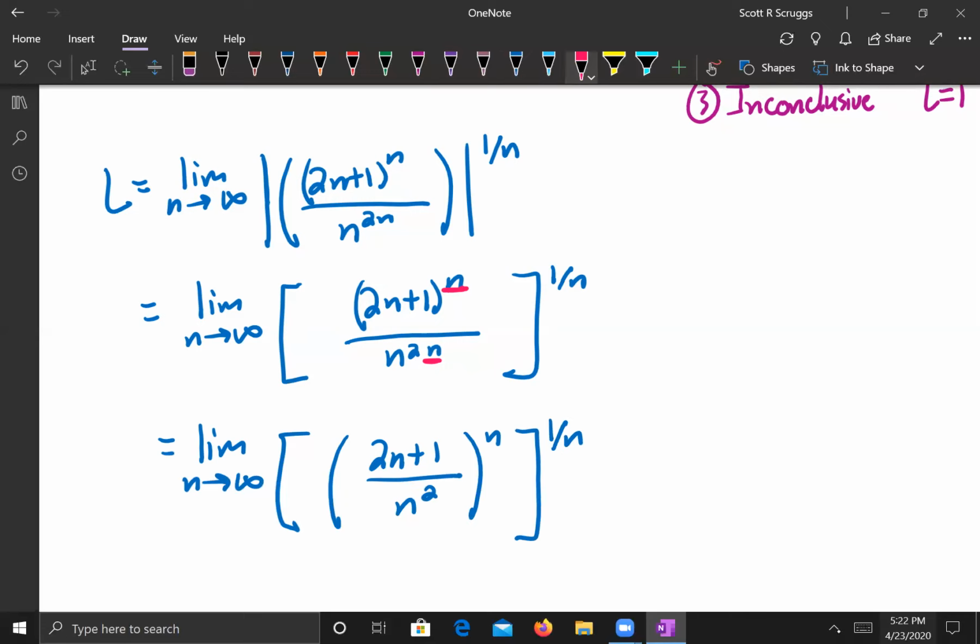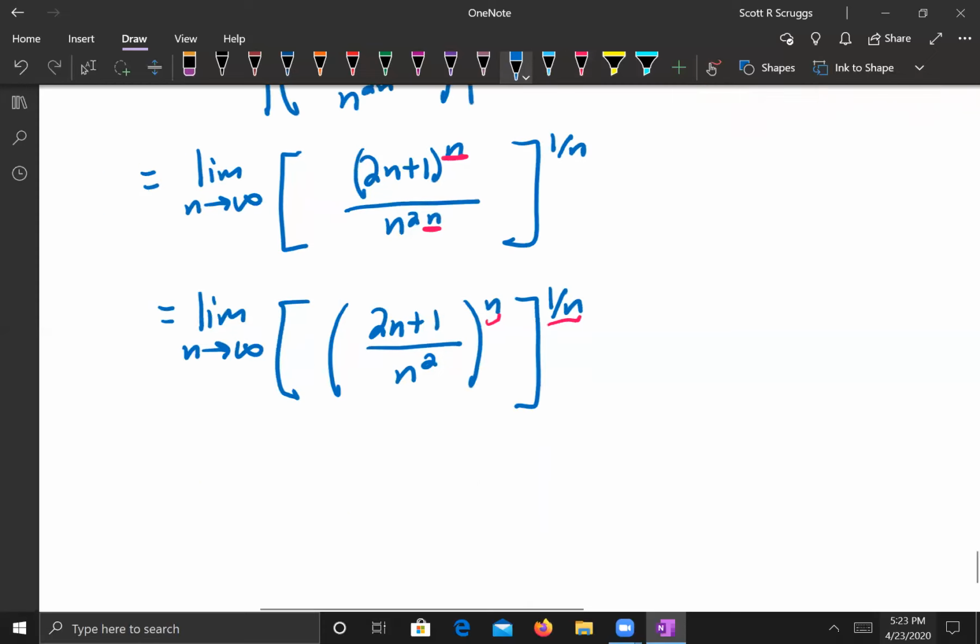I have something being raised by a power, being raised by another power. So I can use my property of powers to say the powers n and 1 over n just get multiplied together, and n times 1 over n just gives me 1.